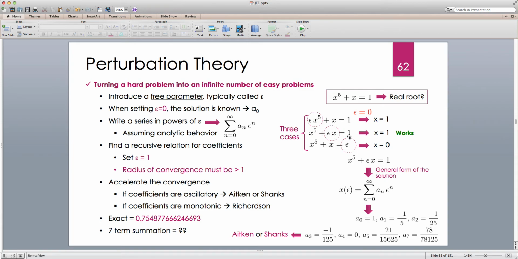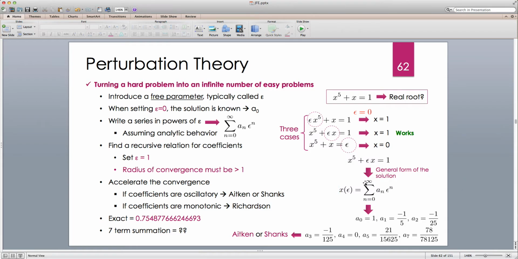So this is our general hard problem with the degree of freedom epsilon, and if I set epsilon to 1, I end up with our original equation. So the solution to my hard problem happens when I set epsilon to 1. Then we write the general solution as a function of epsilon. So x of epsilon, which is going to be the root, is a summation from 0 to infinity of a_n epsilon to the n.